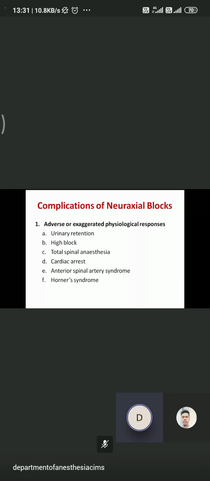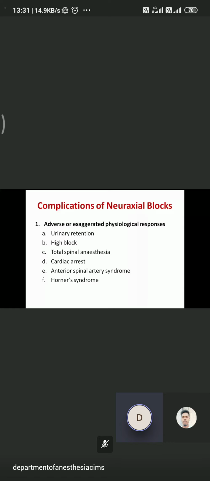Cardiac arrest may occur if you don't treat the patient with a high block, because the cardiac fibers originate from the T4 level. If the block ascends to the T4 level, there will be bradycardia, which will lead to severe cardiac arrest. Anterior spinal artery syndrome: if there is direct injury to this artery and bleeding, it will lead to anterior spinal artery syndrome and Horner syndrome.